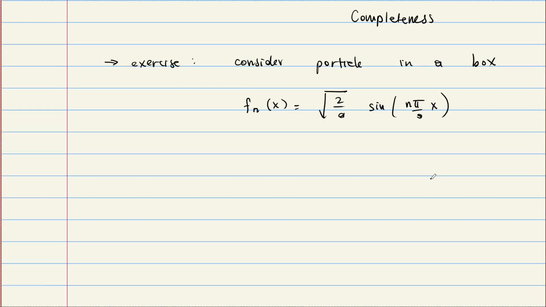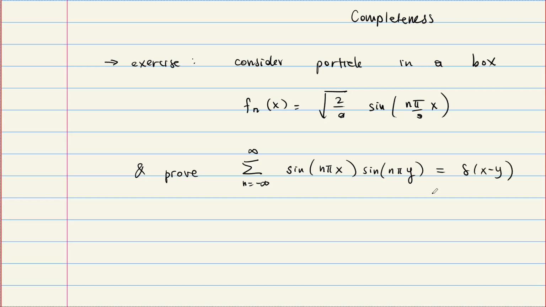And from here, there's this nice identity, and prove this thing: the sum over n of sine n pi x over a times sine n pi y over a is equal to delta of x minus y. So you just need to do some rearranging of the summation index, and there will be a delta function coming in, and you need to use some properties of the delta function, but otherwise it's a two-line exercise.